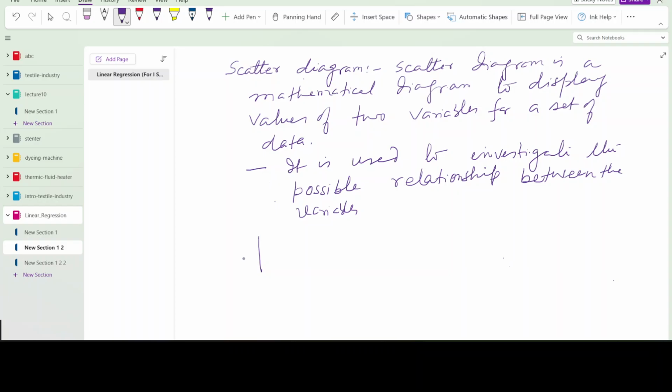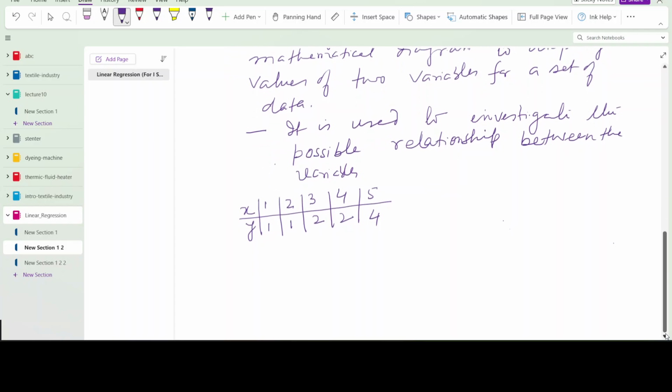Suppose after an observation or an experiment, we got the following set of data: (1, 1), (2, 1), (3, 2), (4, 2), and (5, 4). After the experiment, we have found the following data.